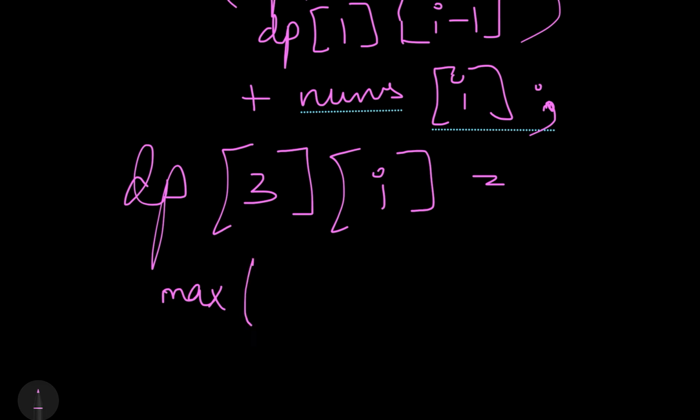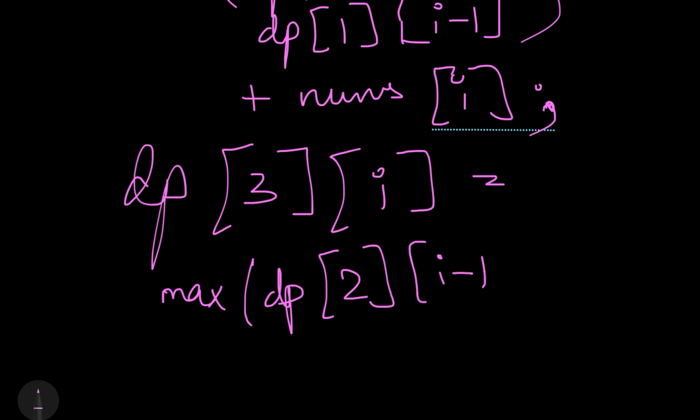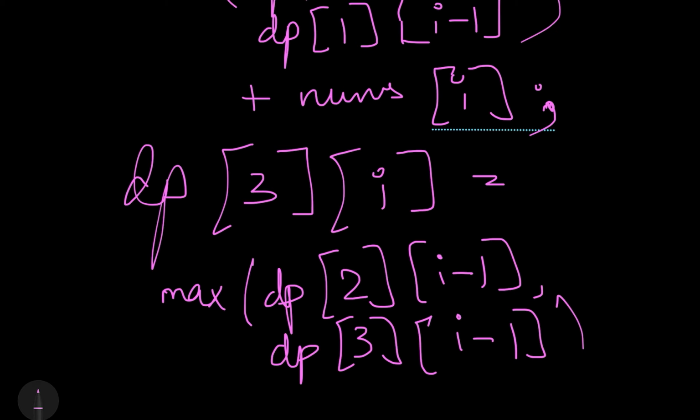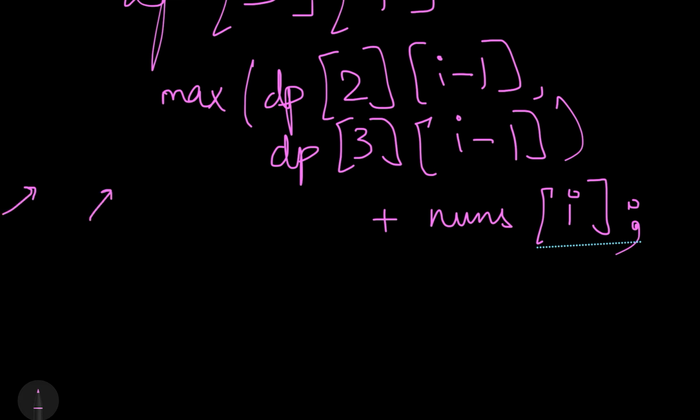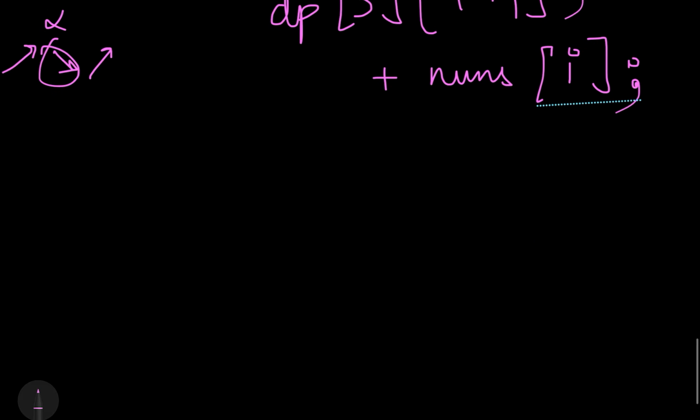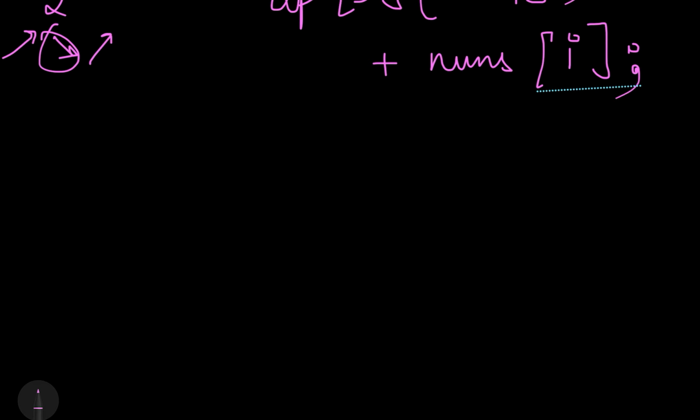It would be the max of dp of 2, I minus 1 and dp of 3, I minus 1, plus nums of I. Because if our upcoming element is greater than our previous element, it could have been the initial increasing phase or the third increasing phase. It would not be in our decreasing phase. So that is what we are checking over here.